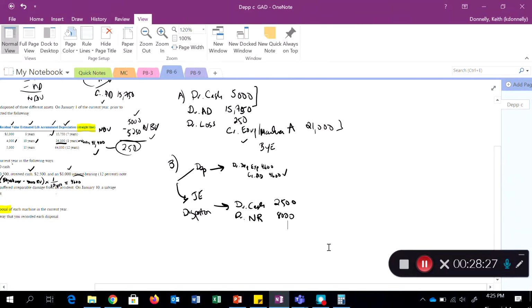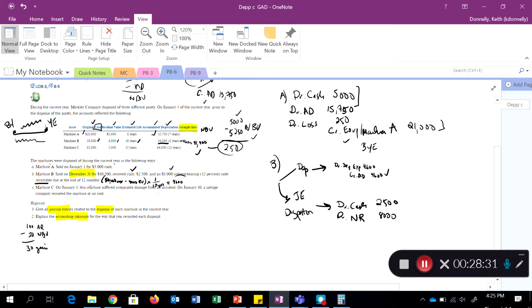Now what we have to do is, we have it on our books originally. What did we buy this for? $50,000. That means when we bought it, we debited machine for $50,000. So now we have to credit machine B for $50,000.